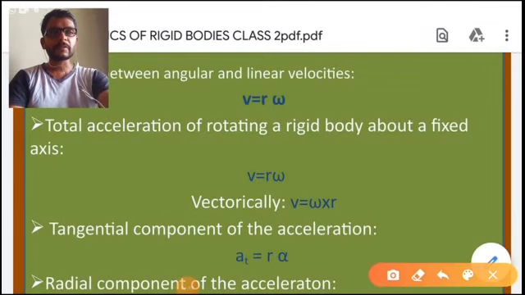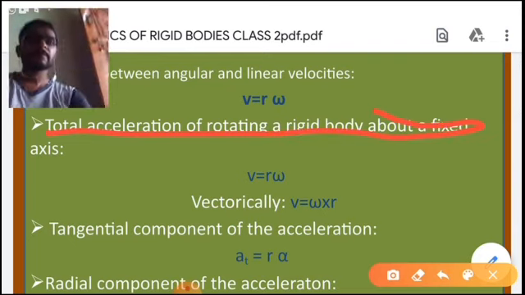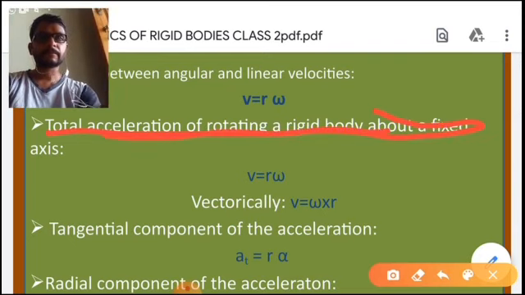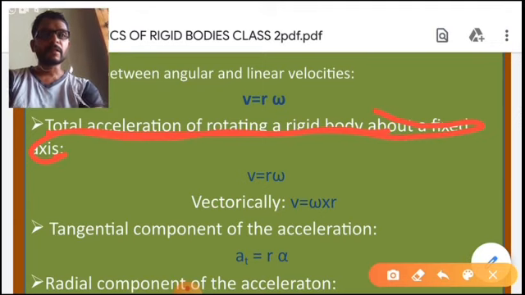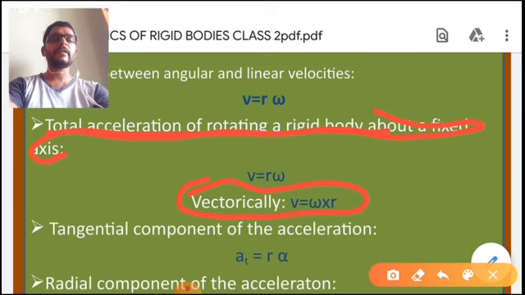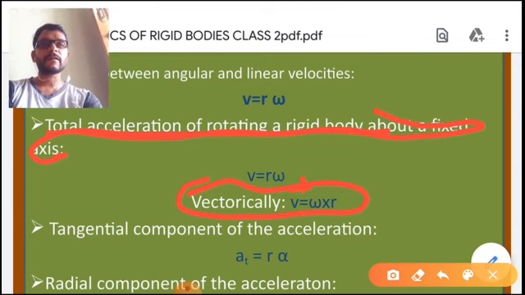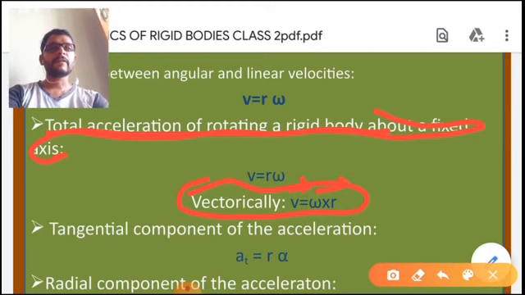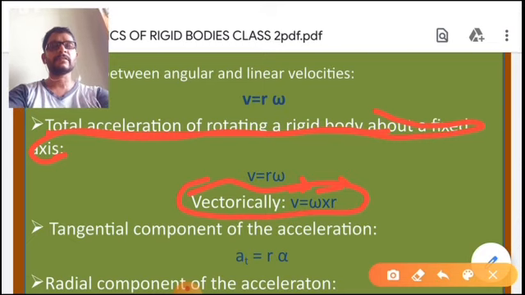See, in this equation, this is not the case, this is a mistaken one. The relation between linear velocity and angular velocity vectorially we can write as v bar equal to omega bar cross r bar. Okay, and the next thing is the tangential component of acceleration.